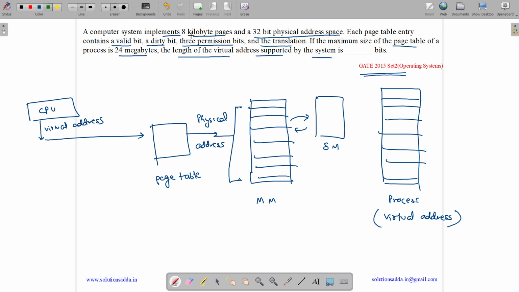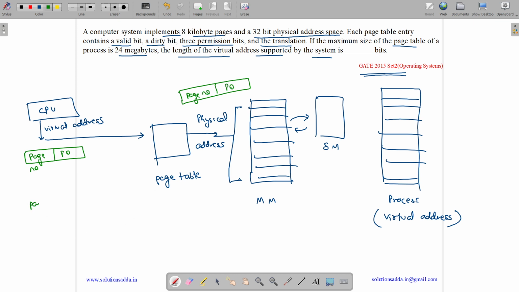So it is saying that we have 8 kilobyte pages. The virtual address is divided into two parts: page number and page offset. Similarly, our physical address is divided into page number and page offset.